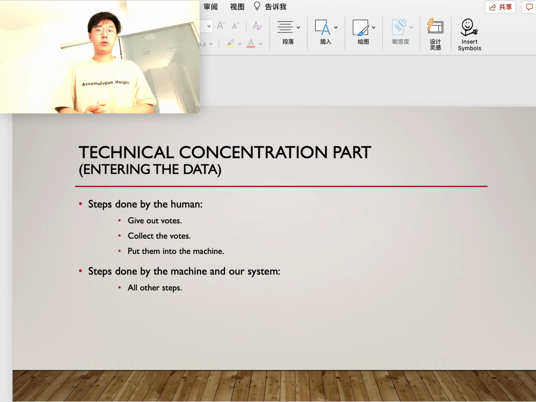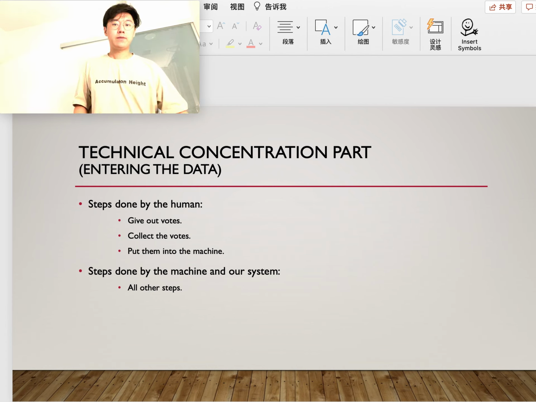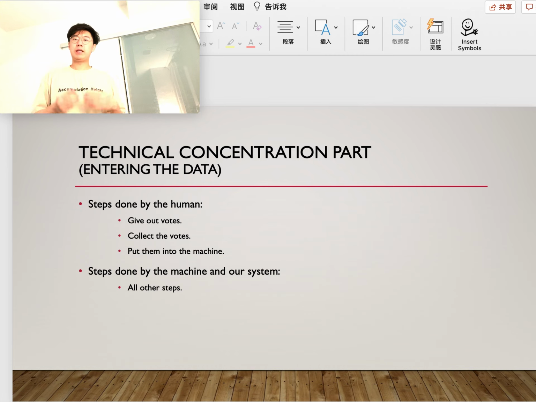The machine does everything, including calculating the number of people who voted, and it collects other information about the votes. This saves much time and many human resources.